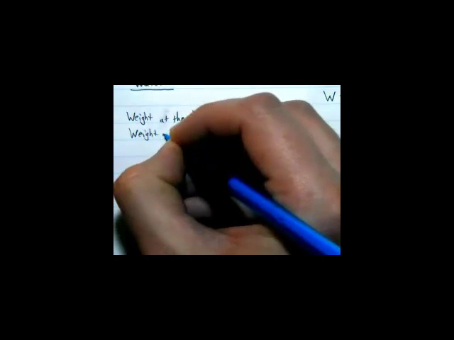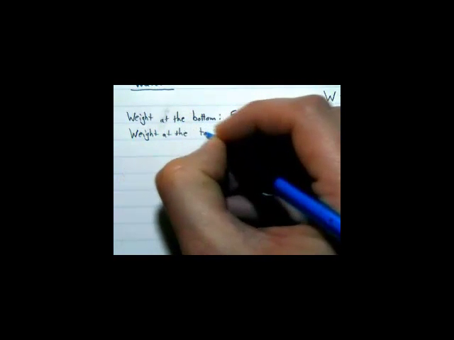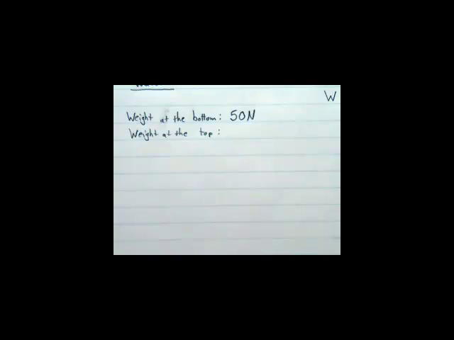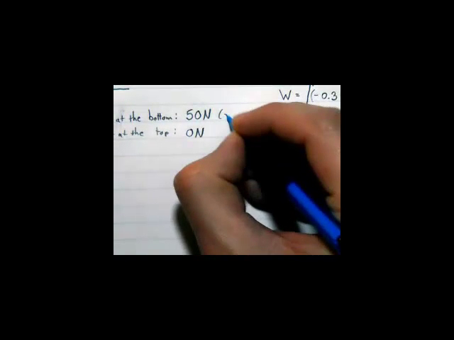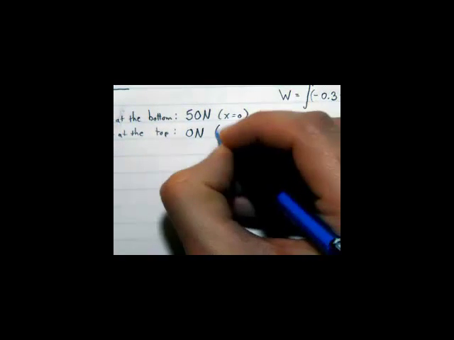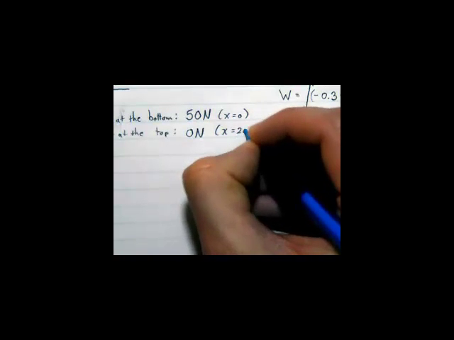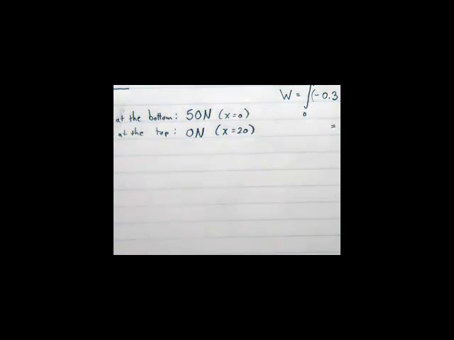Okay, and then the weight at the top. How much does the water weigh at the top? Nothing again, right? 0 newtons. Okay, so again, at the bottom, that's x equals 0. At the top, that's x equals 20.